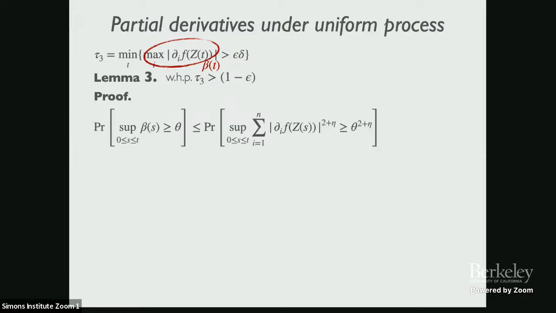We are going to relax this maximum, the infinity norm, by a 2 plus eta norm, because we don't know which variable is maximum. So we just sum over all the variables and look at their partial derivative squared times eta. You will see why we need this eta here. It's at least very large. And next, we are just going to apply basically the Markov inequality for martingales. This is the next step.